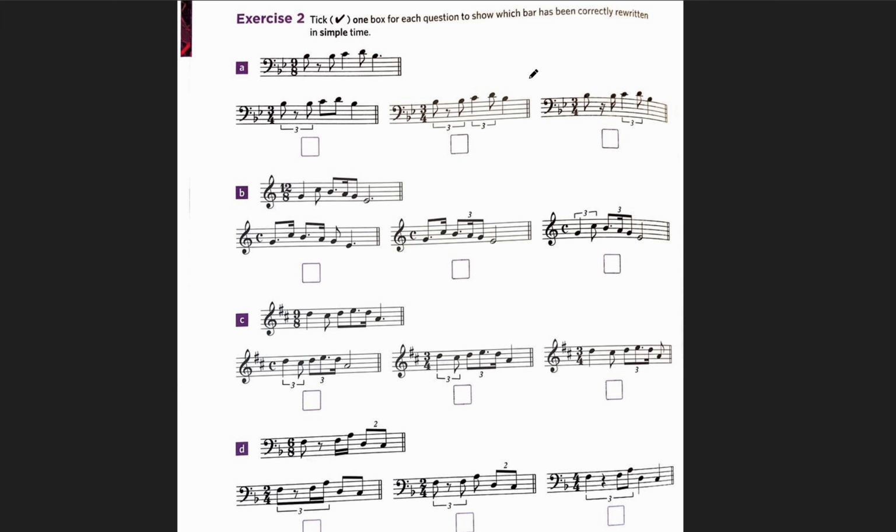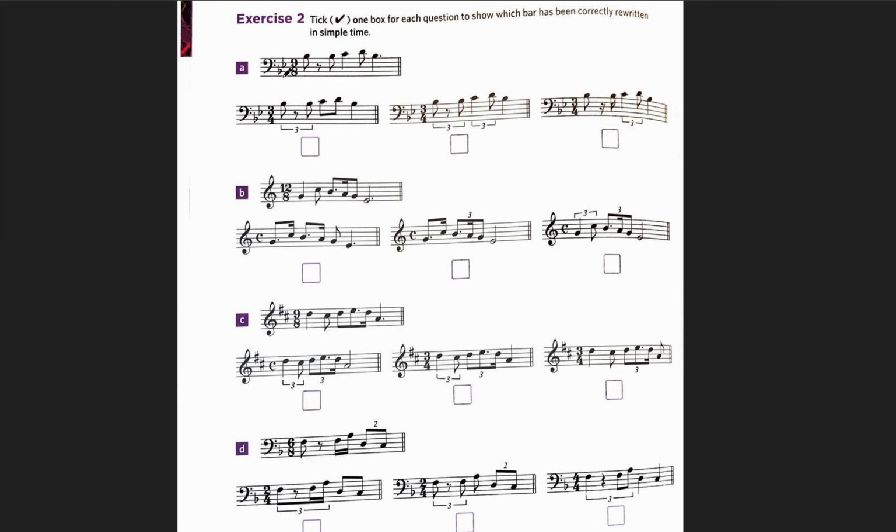Okay. So in 3/4, finding 3 crotchets. So as in compound time, we were looking for 3 beats, 3 dotted quavers. I'm correct, yes.